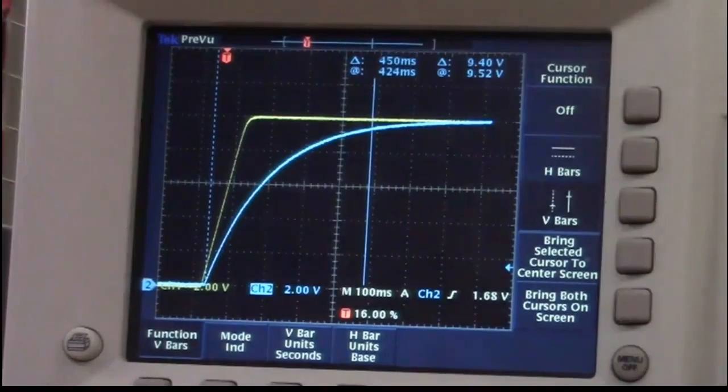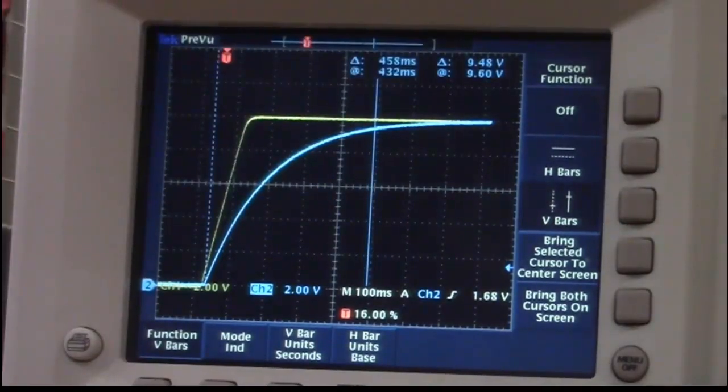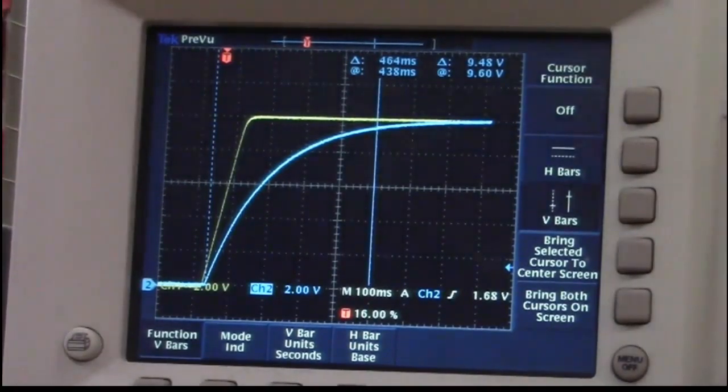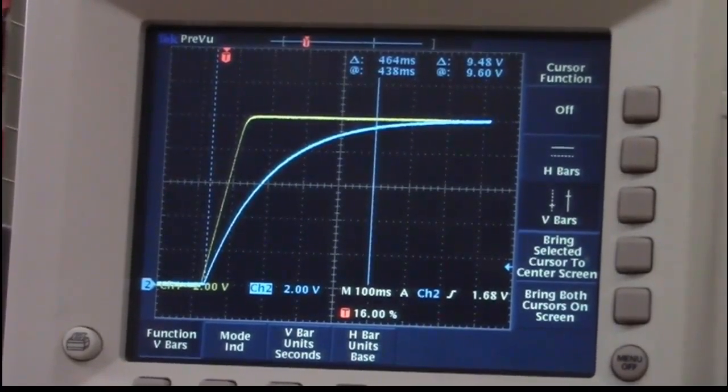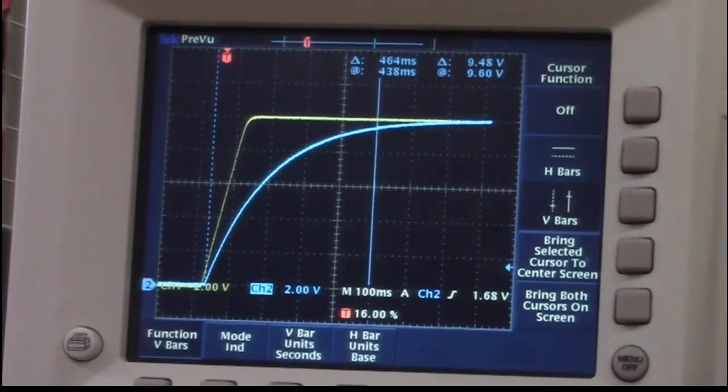Right there, we're at 9.4 volts, which is 95% of the way. We're actually at 95% of the way right around 464. We know that this capacitor is a little bigger than 15 microfarads because it was a little more than 150 milliseconds to the 6.3 volt range. So there's a comparison of RC charging versus constant current charging.